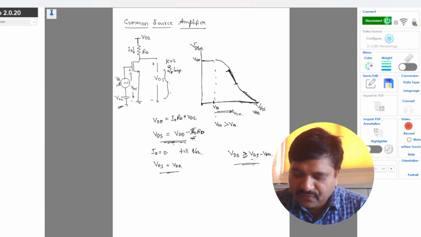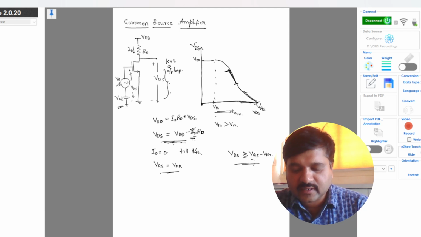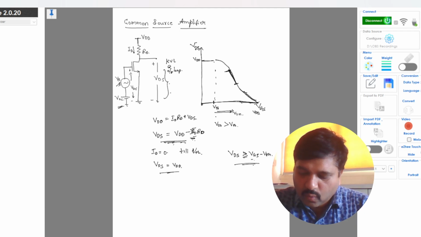So if you consider this as the operating linear region for the transistor or the circuit to work like an amplifier, then what happens?